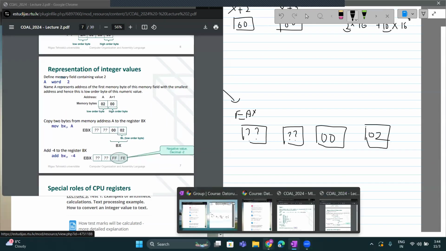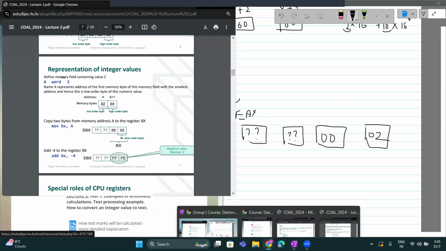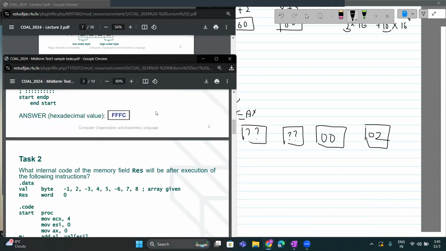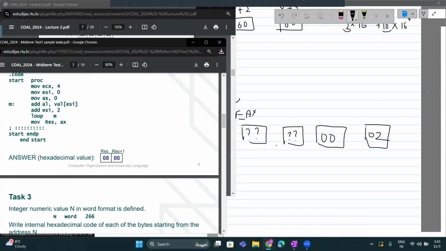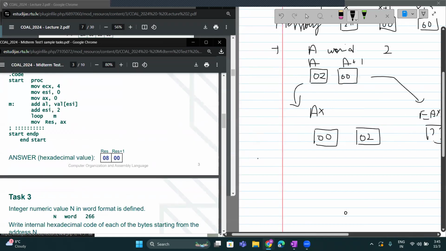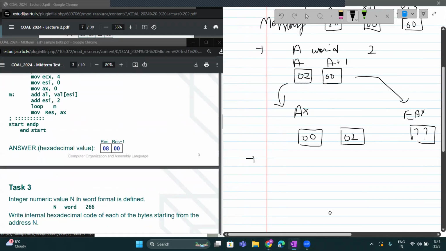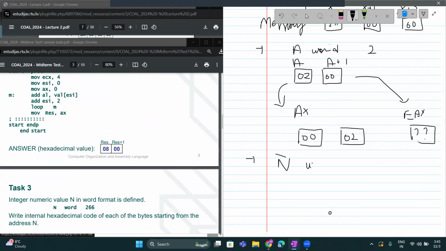Maybe we can try to solve some question at least. Yeah, let's try to solve this. So the task is: an integer numeric value n in word format is defined. So n word is 266.